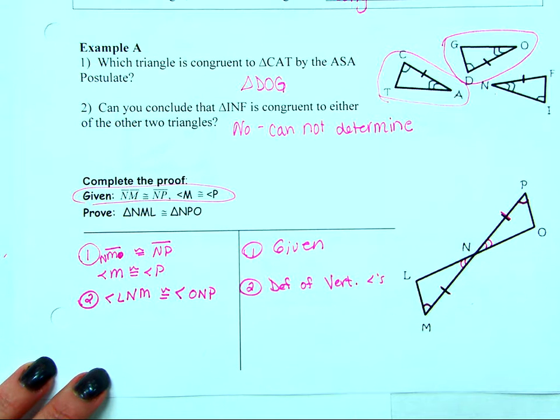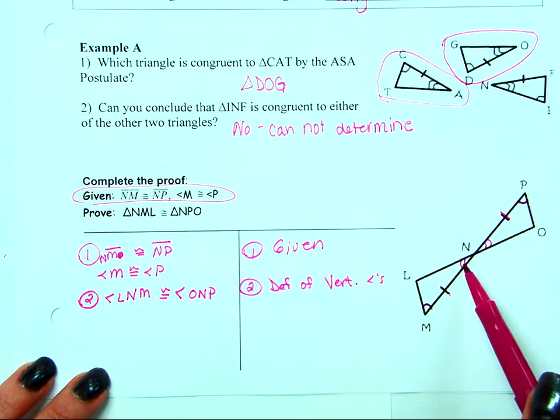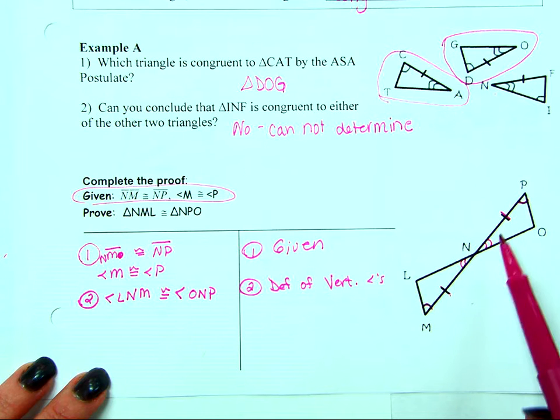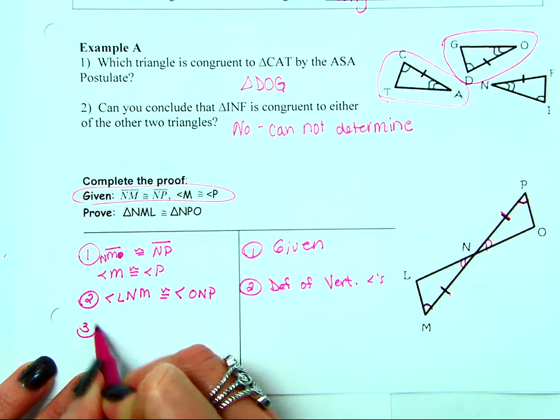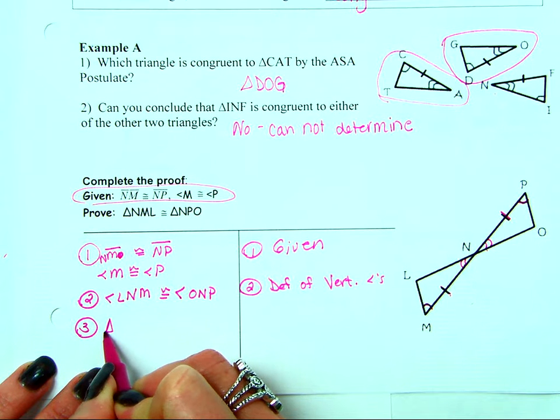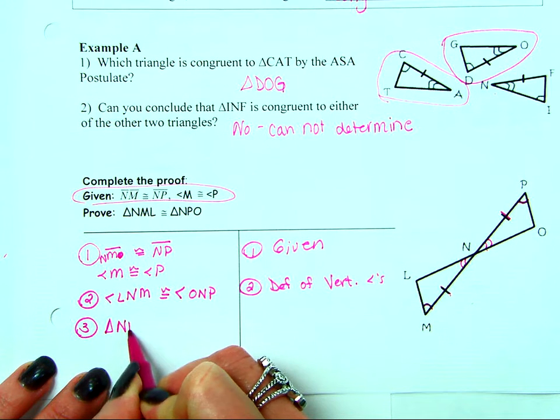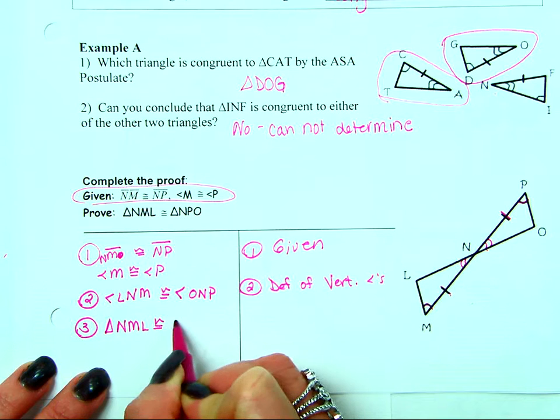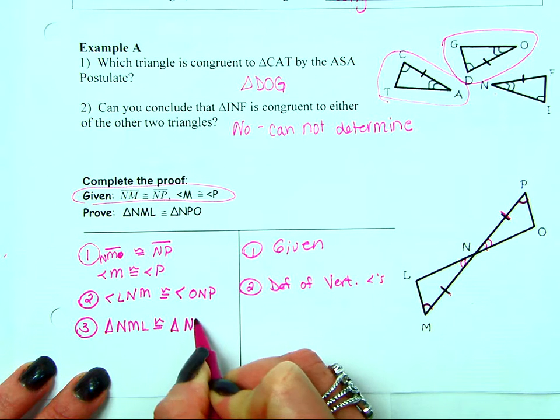Either would be fine. But just by making that marking, I now have proven my triangles are congruent because I have shown the shortcut of angle, side, angle. Both of my triangles show congruent angles in the included congruent side. So I, in step number 3, can say triangle NML is congruent to triangle NPO.